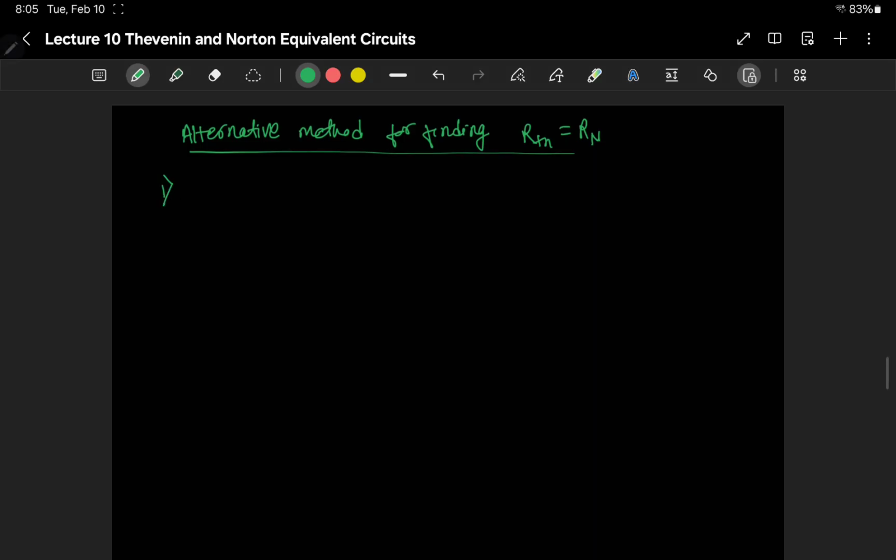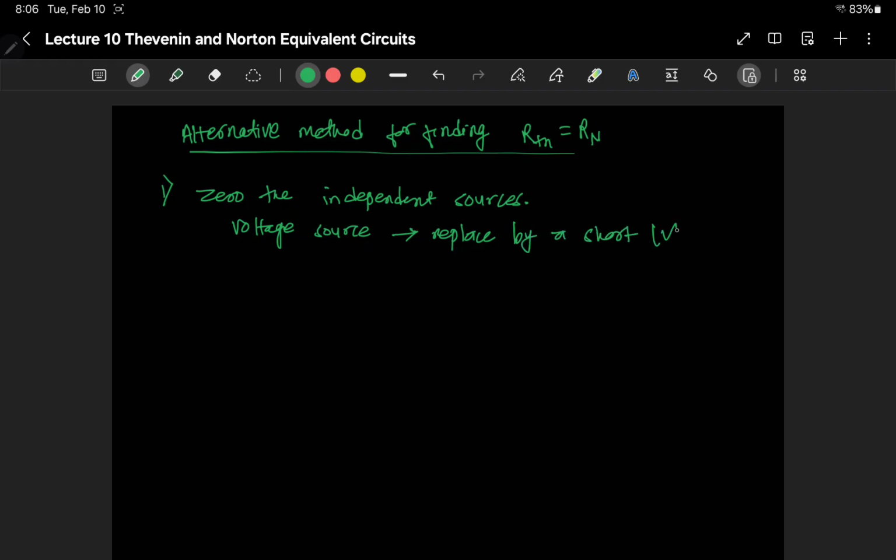So the alternative method is first you zero the independent sources. In doing so, if you have a voltage source, we replace it by a short, which is basically voltage equal to 0, right?